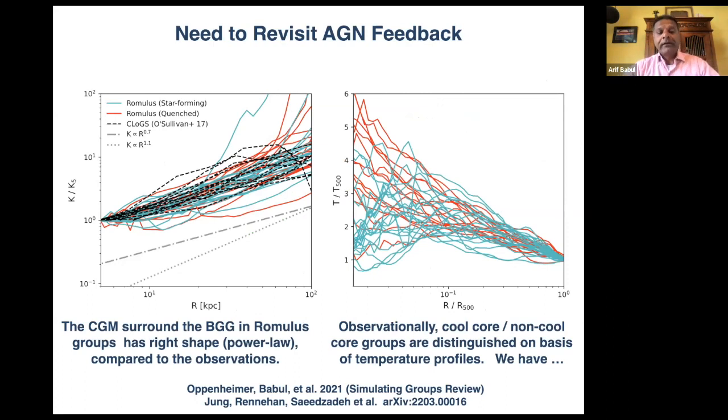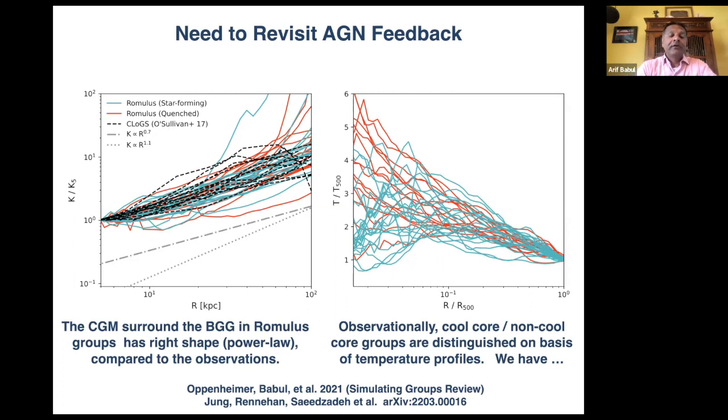When you look at the entropy profiles for Romulus groups, you find that the shapes are actually in excellent agreement with the observations. And if you look at the temperature profiles, you find a full spectrum of temperature profiles, from those that are rising towards the center to those that are dropping towards the center.